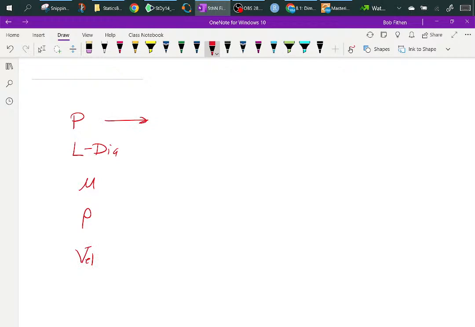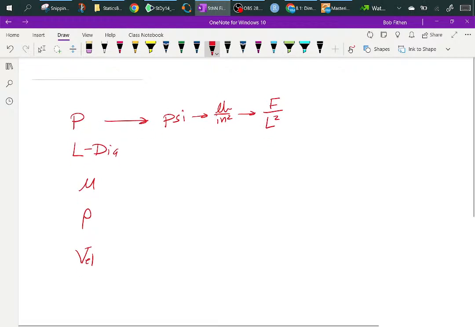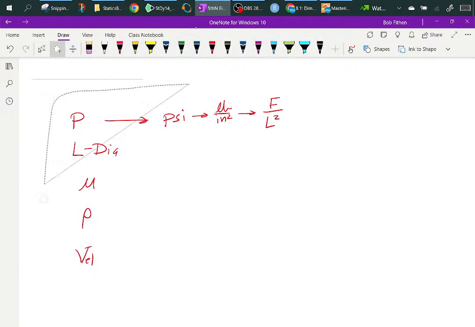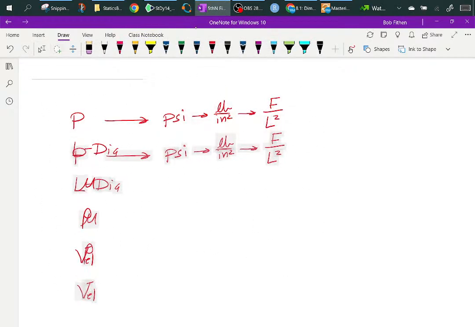And so this thing has units of PSI, right? Or you could say pounds per inches squared. Or you could say it is a force over a length squared. So if you think about it, let me grab this thing and move it down a little bit.